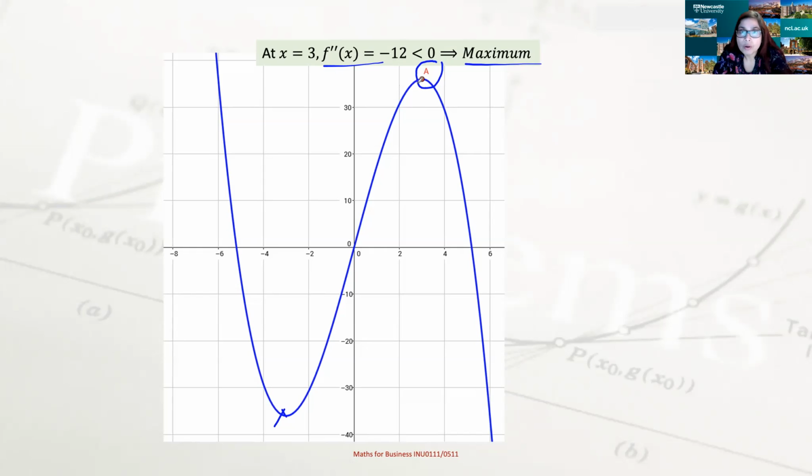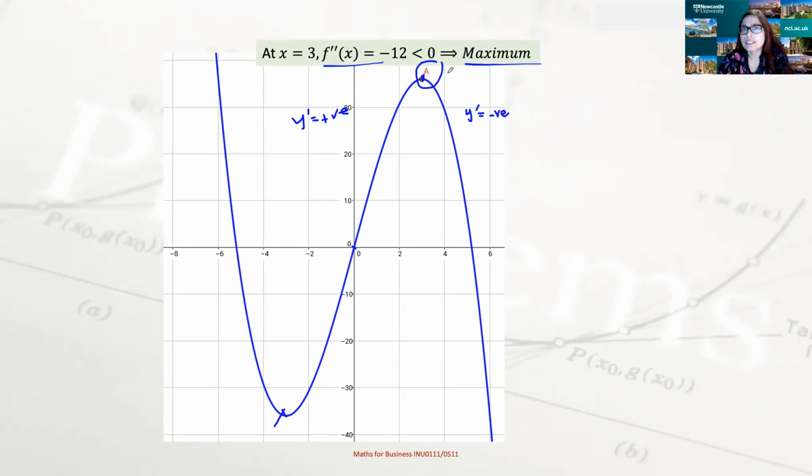Any point on this side between 0 and the maximum point, the first derivative is going to be positive, and any point on this side will be negative.